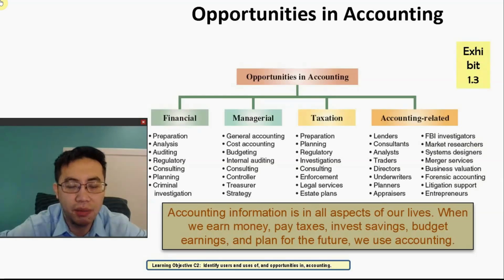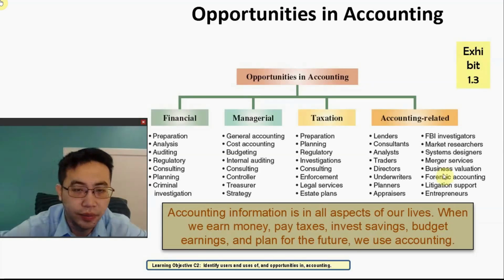The forensic accounting job is basically to examine the accounting books, and the FBI basically follows the crimes that could be related with hidden debt, cooking books, and also inflating income, these kinds of things.